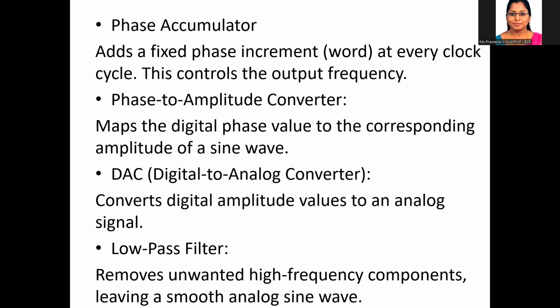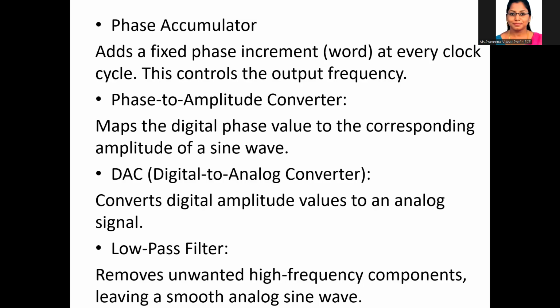The generated digital phase values are sent to the phase to amplitude converter. First one is the phase accumulator, and the next one is the phase to amplitude converter. What is the use of the phase to amplitude converter? It will convert each phase value into the corresponding amplitude value of a sine wave using a lookup table. There will be a lookup table, right?